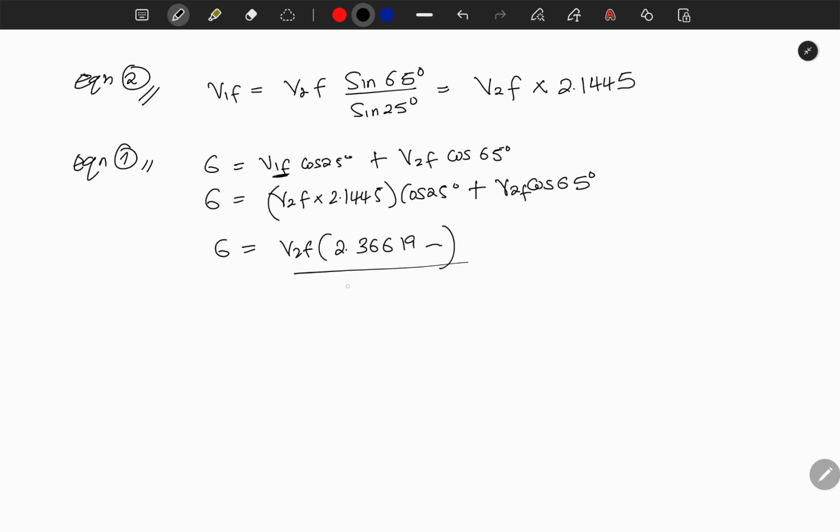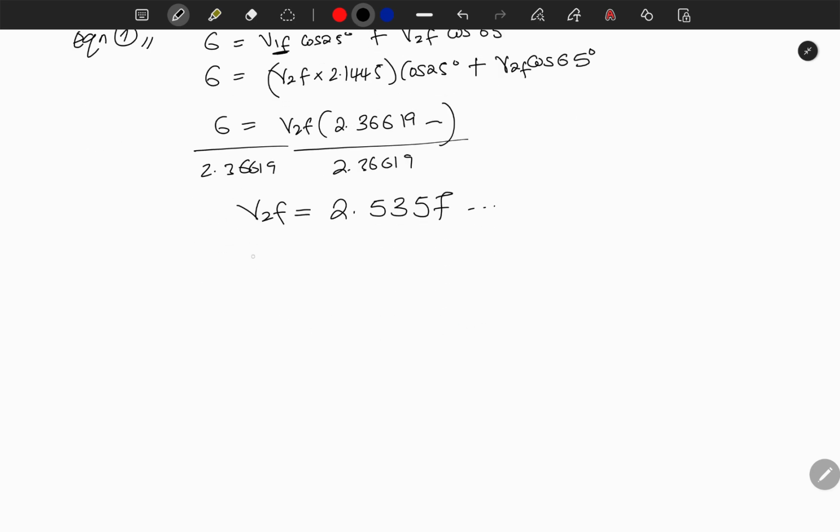If we divide throughout by 2.36619, I'm getting 6 divided by 2.36619, which is 2.5357 and so forth, which is the final velocity for the second ball.